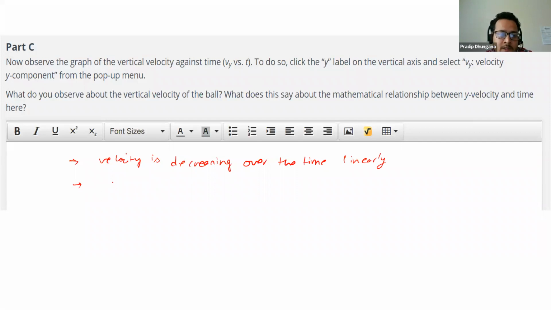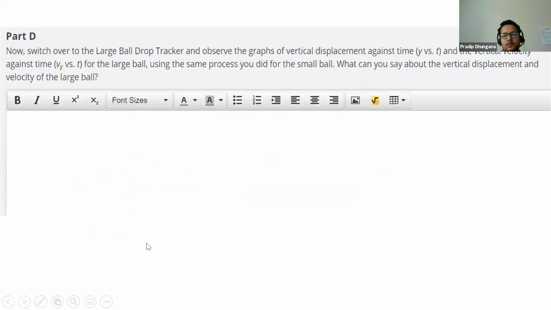The mathematical relationship is vertical velocity is directly proportional to negative time. So that means whenever time increases, velocity decreases. Negative slope. So that is about part C. And let's go to part D.